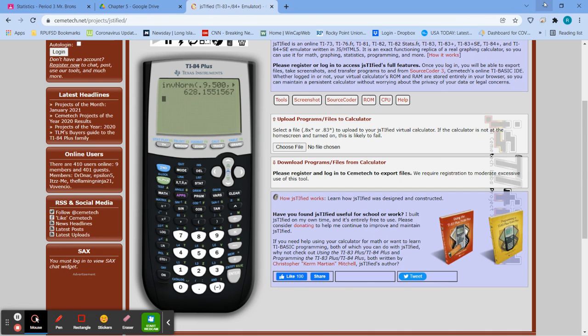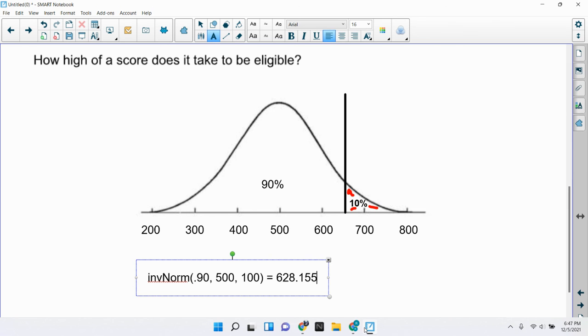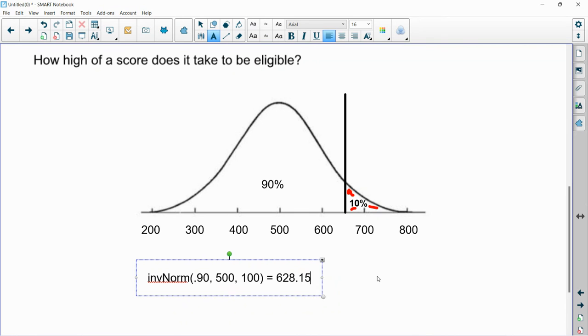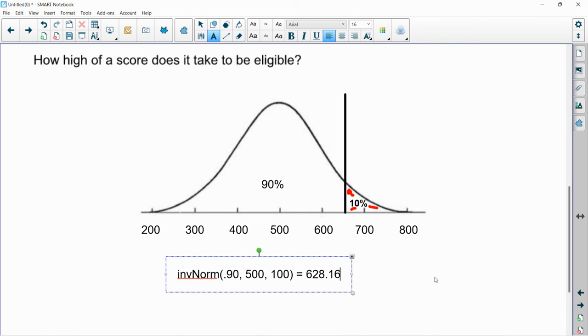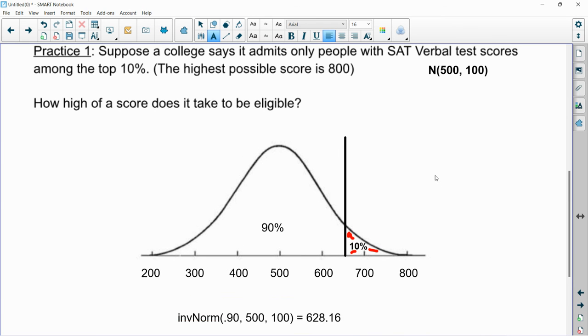So let's bring this back over. Actually 628.155. So let's think about this for a minute. Or 0.16. We've been working with two decimal places. So obviously we can't get a decimal score on the SAT. So actually 628 would be too low. Okay.